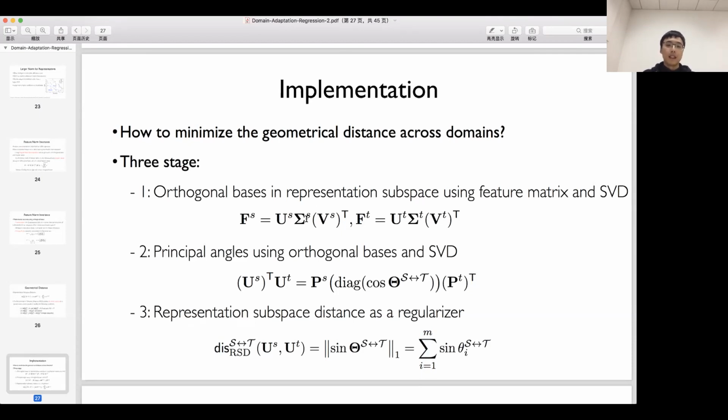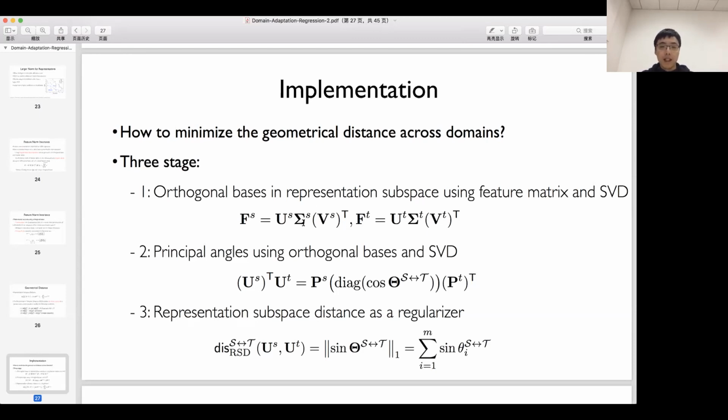But if we have an orthogonal basis with a very small singular value, for example just one, it means that this orthogonal basis is not very important to this feature matrix. Maybe deleting it is okay for this feature matrix.